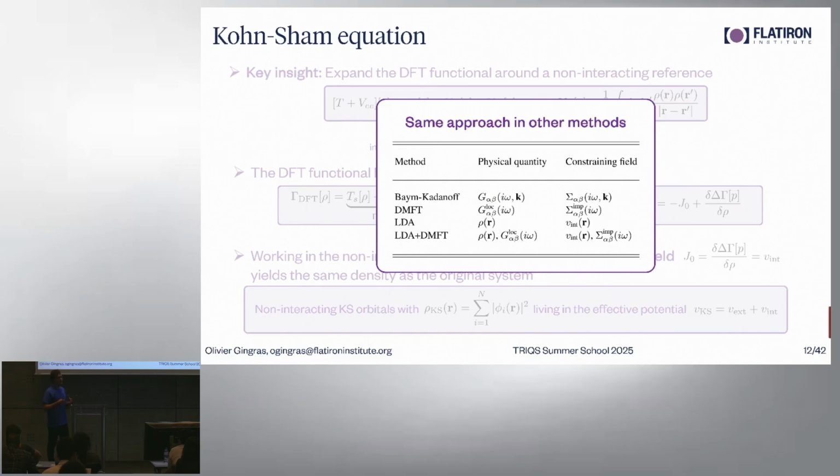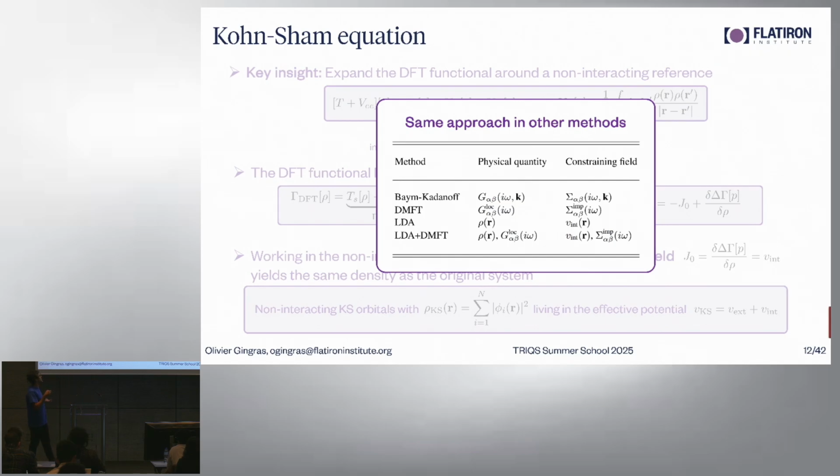So this idea of breaking down the total Hamiltonian into a reference system plus some interacting correction, we've seen it already in a few examples. It's the general idea of the Baym-Kadanoff functional, where the physical quantity of interest in the Legendre transform is the total Green's function, and you take a constraining field, which is the self-energy.